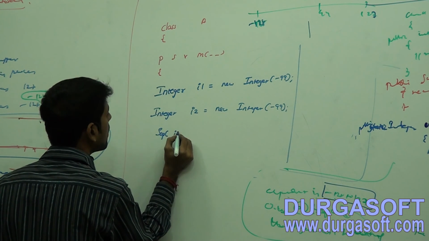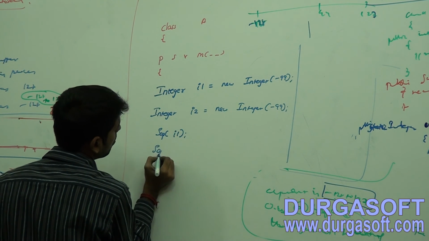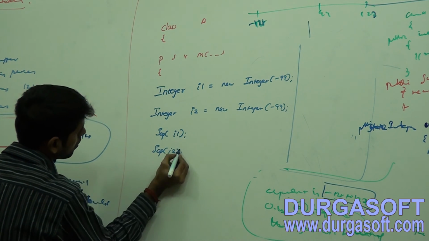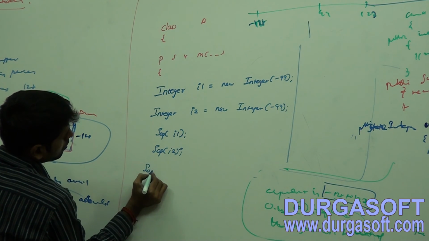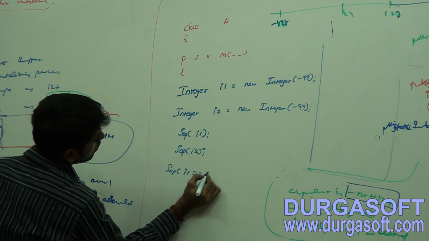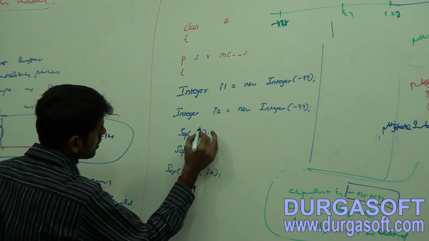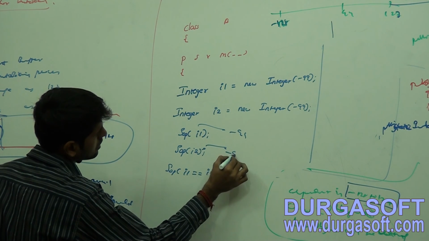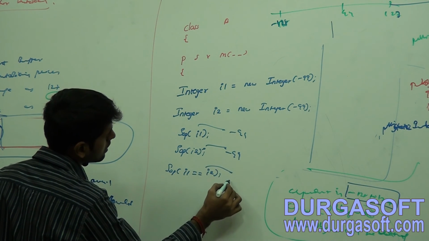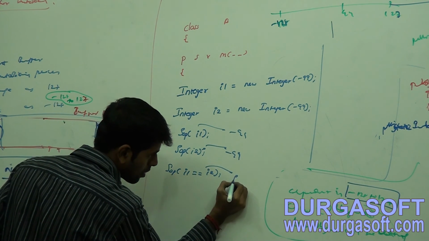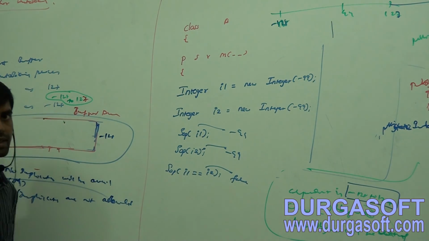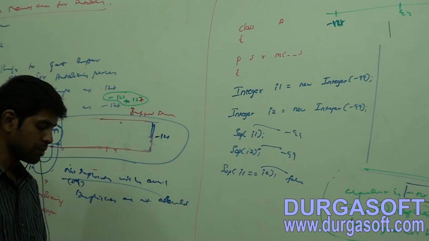SOP of I1, SOP of I2, SOP of I1 double equals to I2. What's the answer? Minus 99, minus 99, and false. Why? Observe.